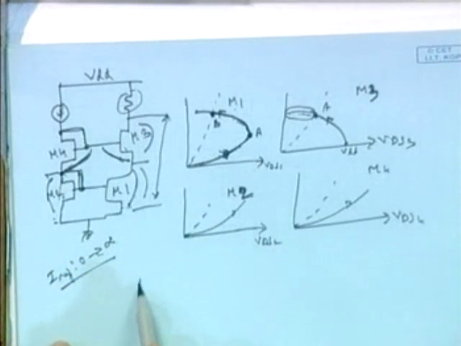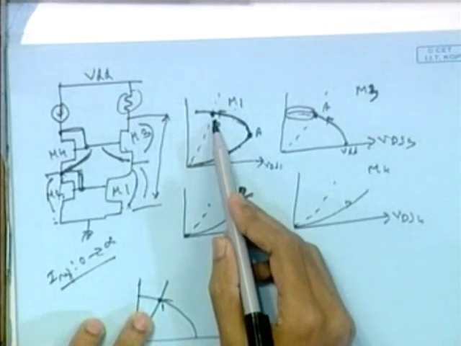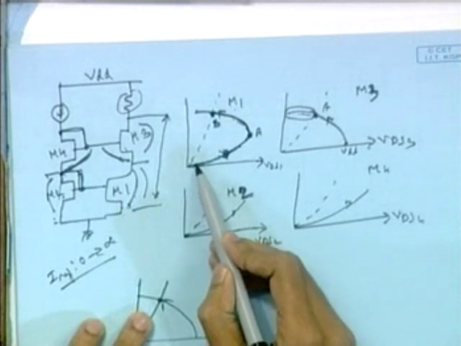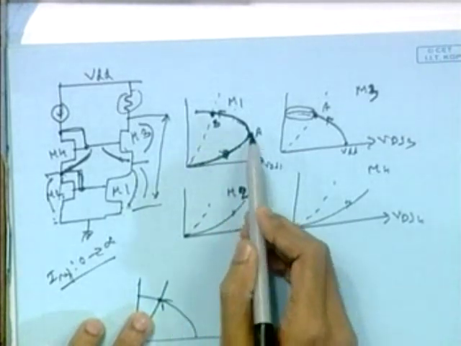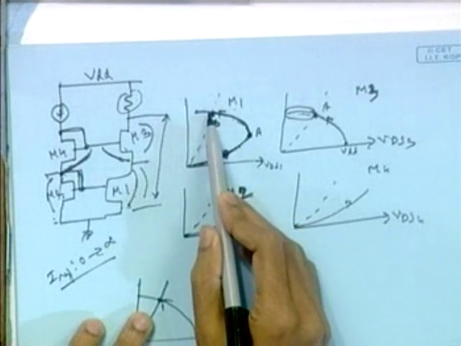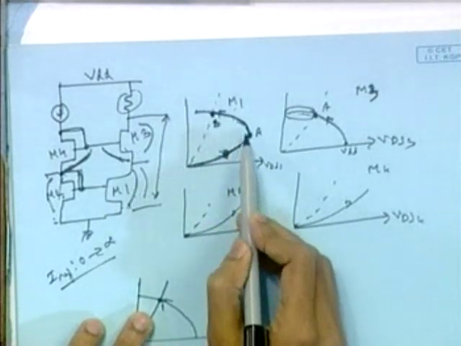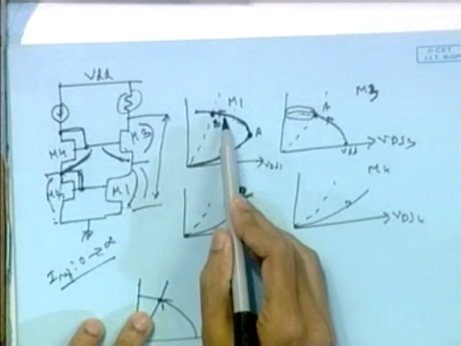Previously, M1 was also moving like this, so it would hit this point much earlier than this. Now here, it first moves along this line, and then goes this way. So the input range will be increased by this much.